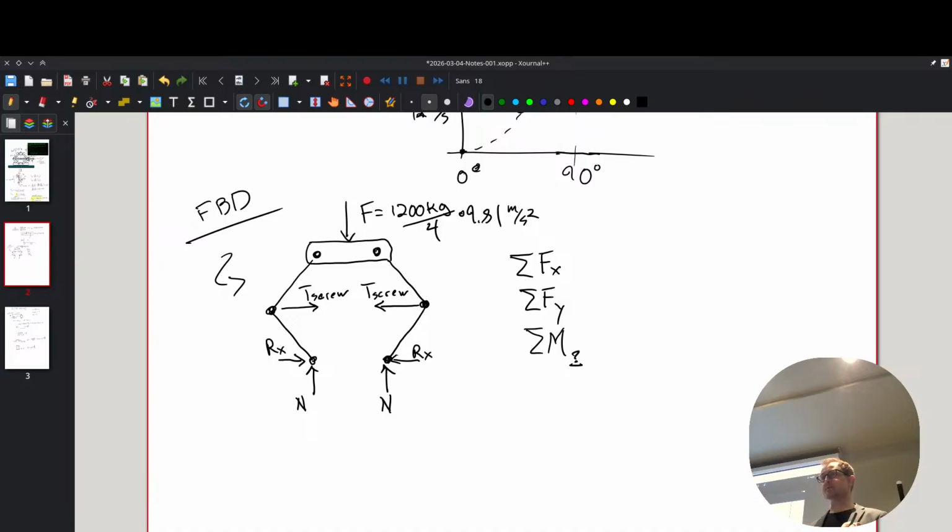So you can choose anything you want? Is that always true? I know when someone says, is it always true? It's like, well, then you come back with, it depends. But can you always just choose any point and say, this is where I'm going to sum the moments?